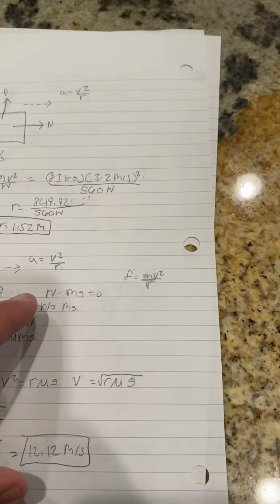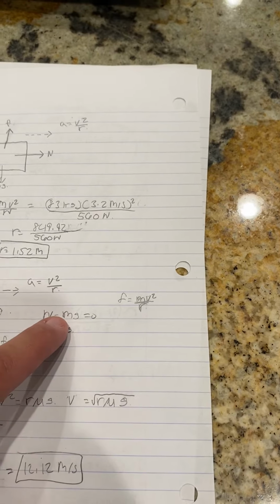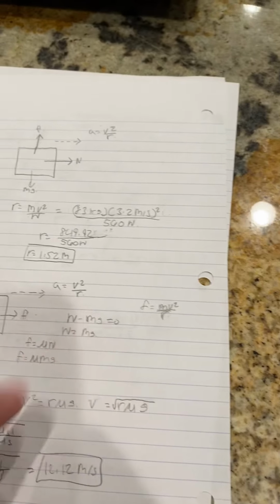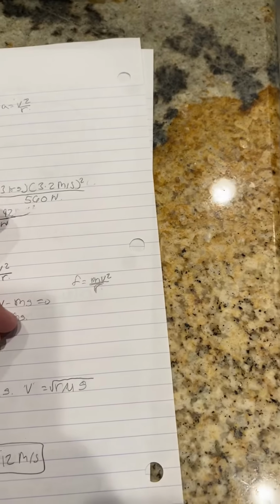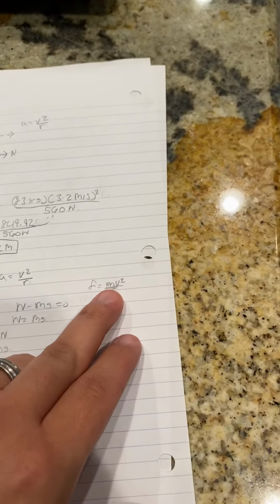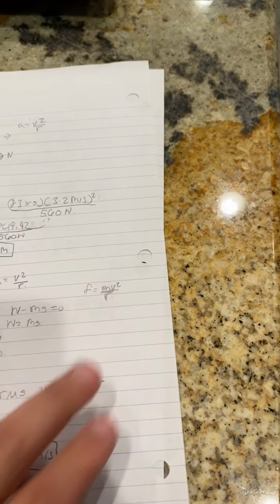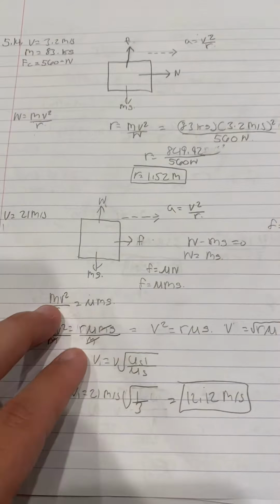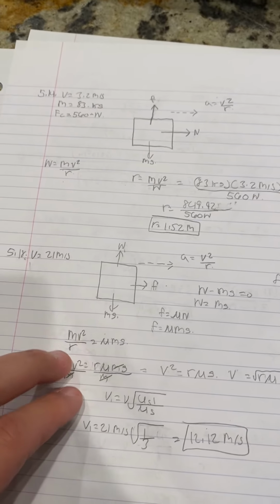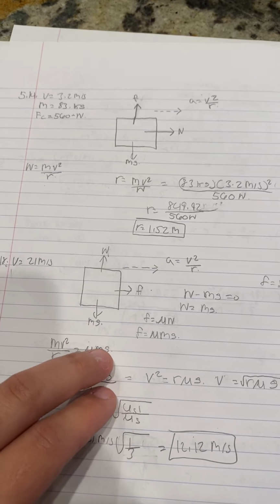So we know that would look like n minus mg equals 0. Then you would move the mg to the right side, which makes n equal to mg. So you would take what we just found for n, plug it into the formula of f, and we know that f is equal to mv squared over r. So we moved that down here, and we put m times v squared over r, which is equal to mu mg.